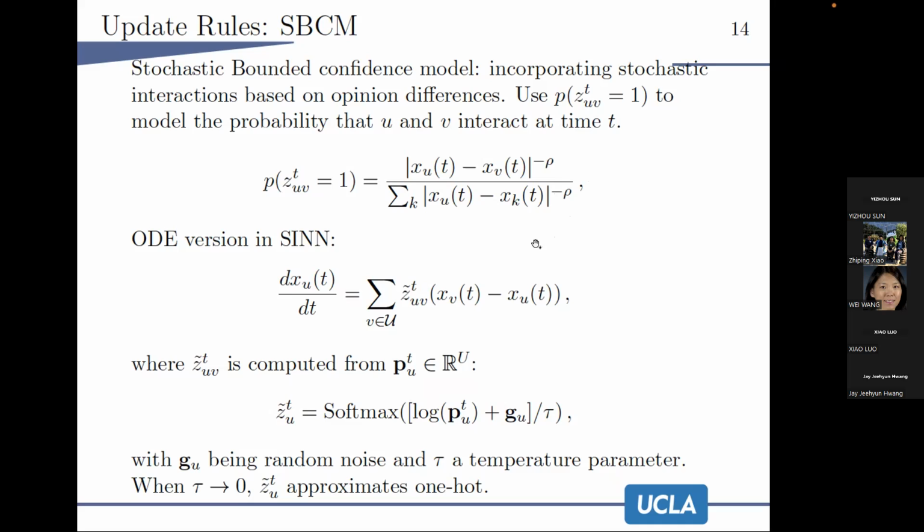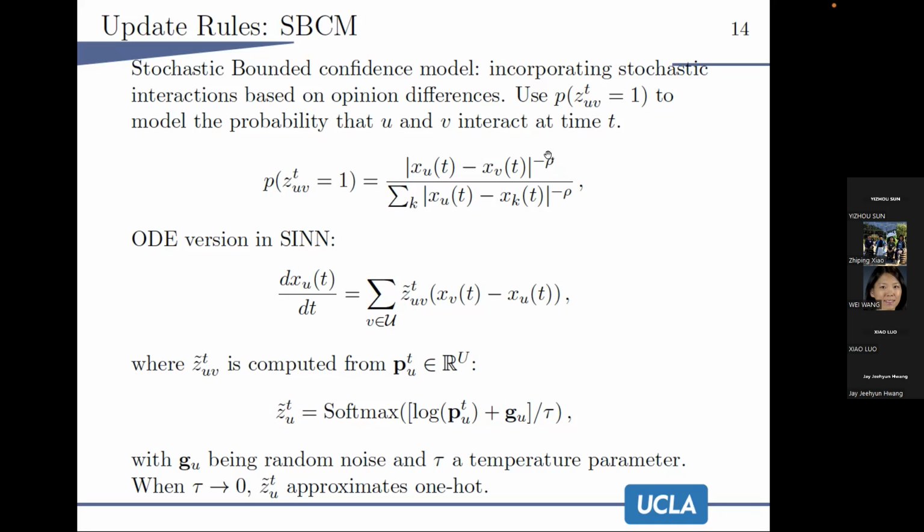And the rho here is used to control the tendency.